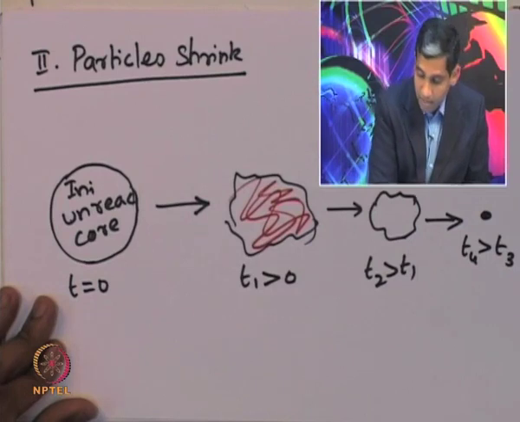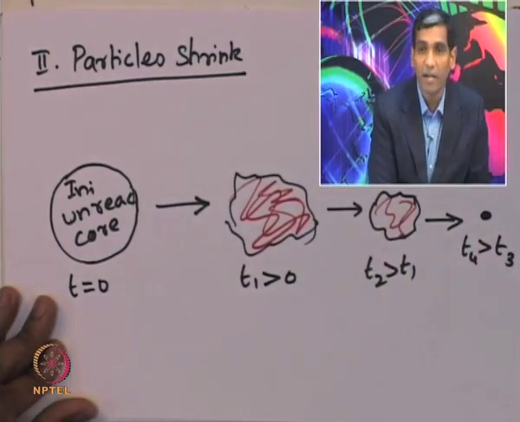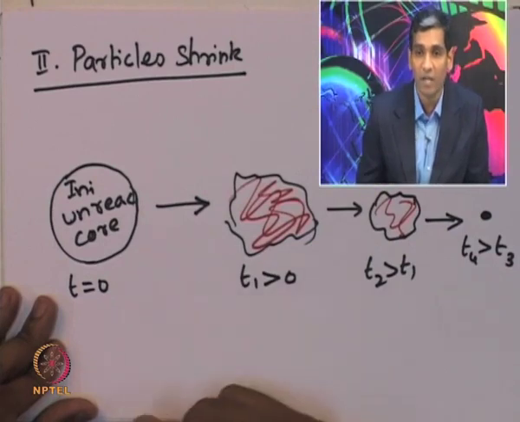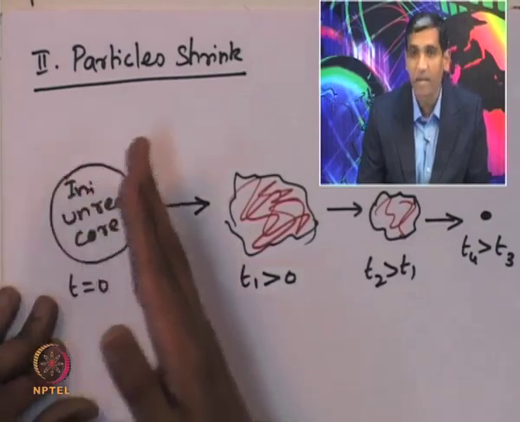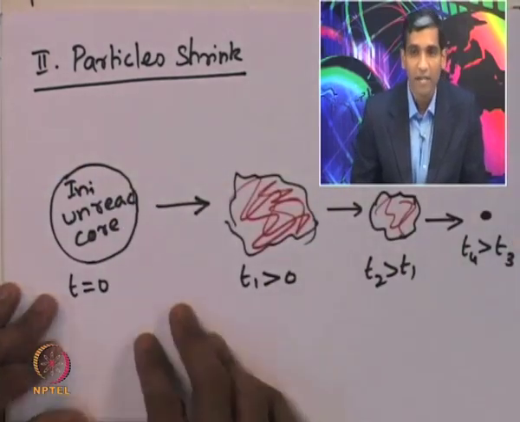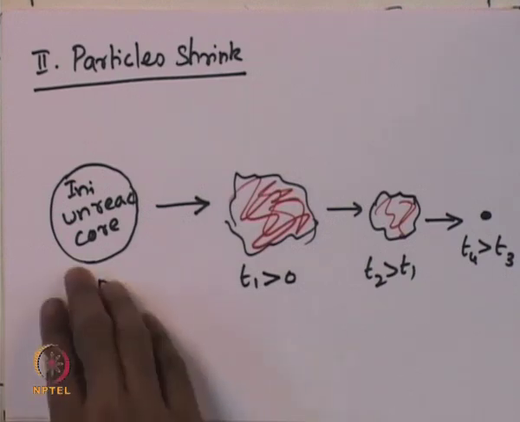This is because the solid present in the initial unreacted core is now almost completely consumed. As time proceeds we can see that the core is slowly being consumed and then completely disappears. The particle can reduce in size even when there is a product layer around it. There are several examples where this particular mode of heterogeneous reaction occurs.